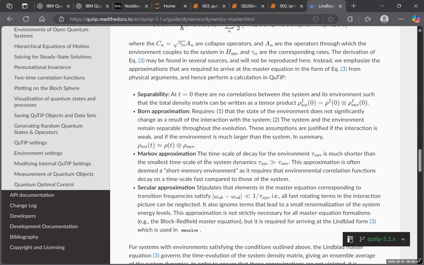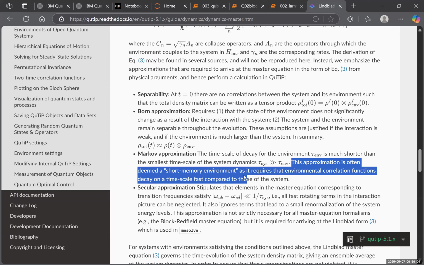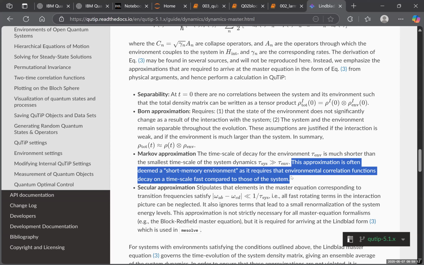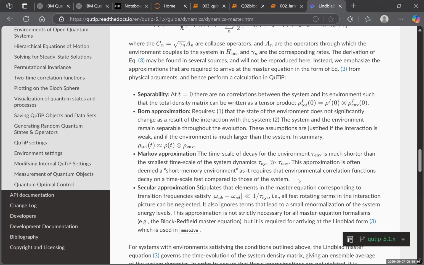Yeah, and also assuming there's no memory effect, it's called the Markov approximation. The time scale of decay for the environment is much shorter than the smallest time scale of the system. This approximation is a short memory environment. The environmental correlation function decays on a time scale fast compared to those of the system.